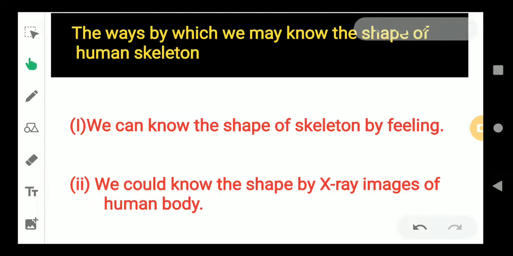If somebody is having pain due to an accident, doctors will ask you to take X-ray images. What is the need of these X-ray images? To see the structure of the bone. If a person has an accident, sometimes there will be a fracture to the bones. To detect that, doctors prefer X-ray images.